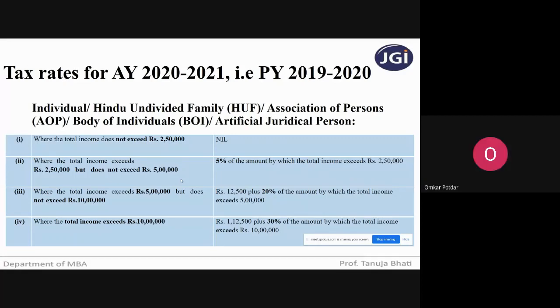Means the budget that was declared in February 2020 becomes applicable from the next assessment year. Okay, ma'am.